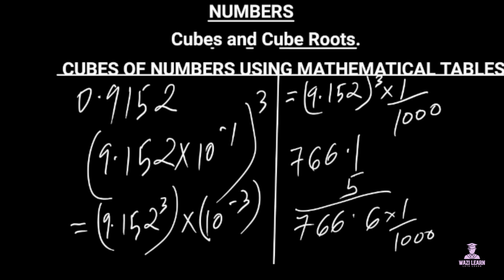The decimal point will move 3 steps forward because you are multiplying with a fraction. So our answer will be 0.766. That is the cube of 0.9152.